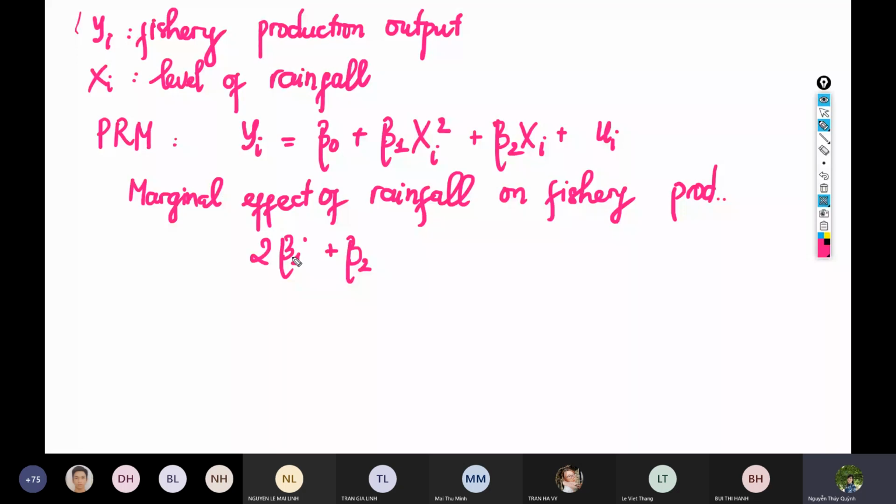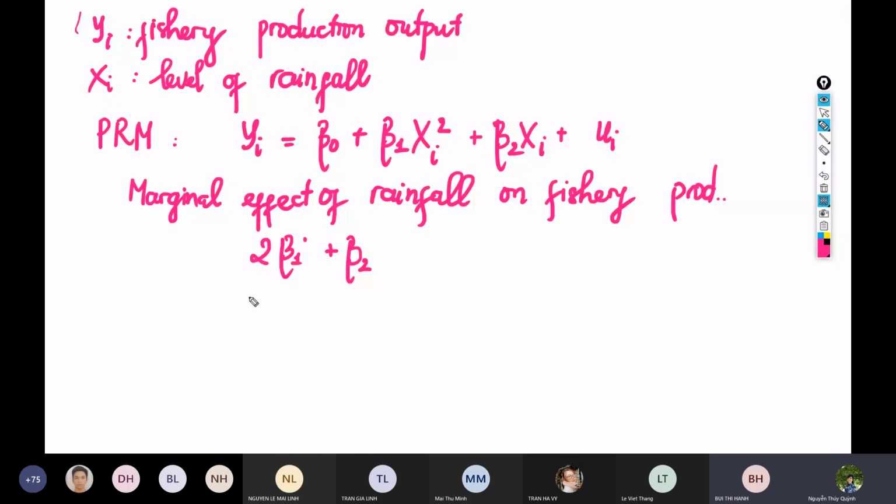If there is the marginal effect of rainfall on fishery production, what is your expectation about the sign of the regression coefficient so that it can support that hypothesis?